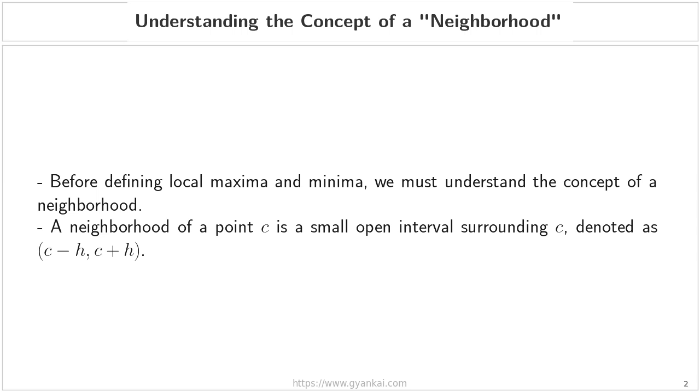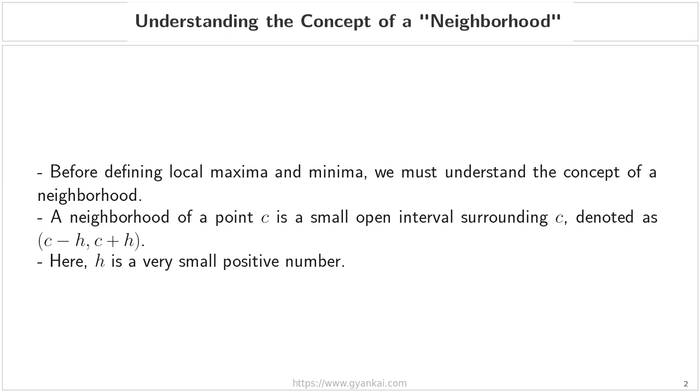We denote this interval as the range from C-h to C+h. To clarify, the letter h here represents a very small positive number. You can think of h as a tiny distance that extends both to the left and the right of point C, creating a small zone around it.